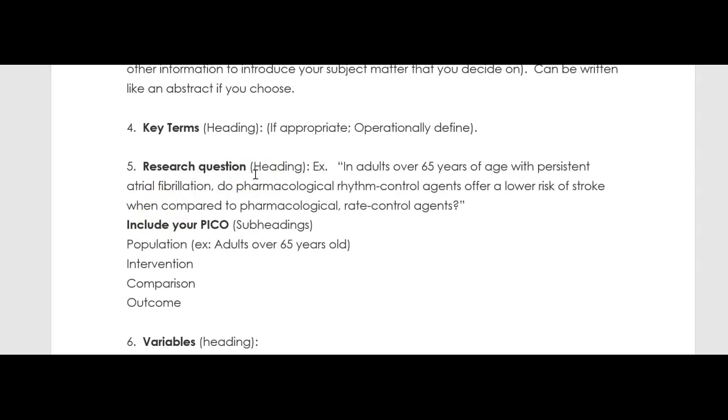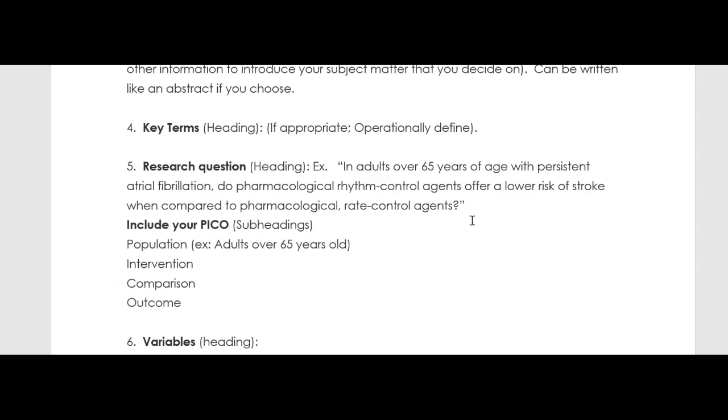Research question. So, for instance, in adults over 65 years of age with persistent atrial fib, do pharmacological rhythm control agents offer a lower risk of stroke when compared to pharmacological rate control agents? And I use this research question because I did an evidence-based practice.